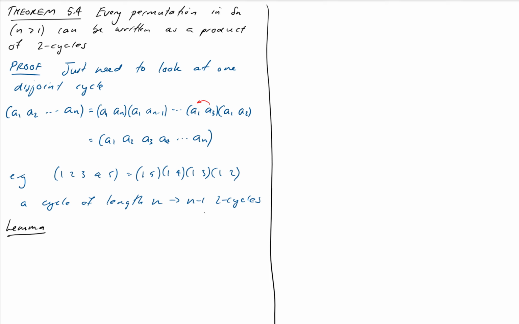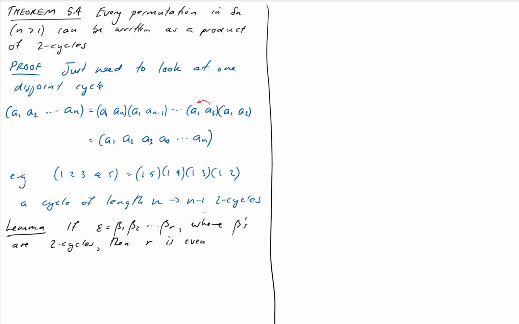And it says that if epsilon is equal to a product of two cycles, beta 1, beta 2, up to beta r, where the betas are two cycles, then r is even.